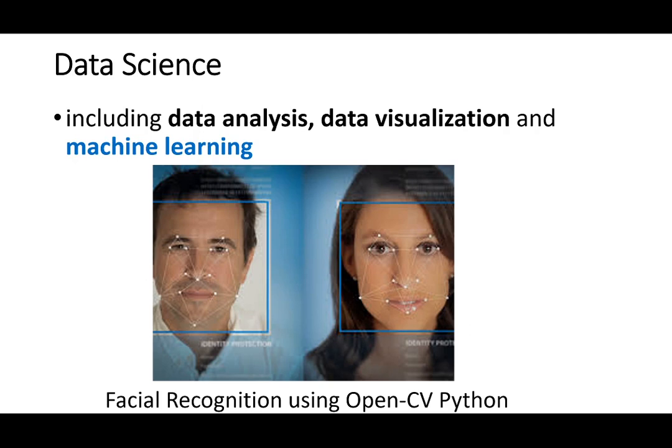Machine learning is a branch of artificial intelligence. It can learn from data, identify patterns, and make decisions. For example, we can use machine learning for facial recognition.